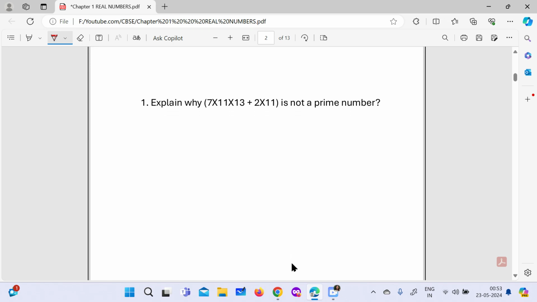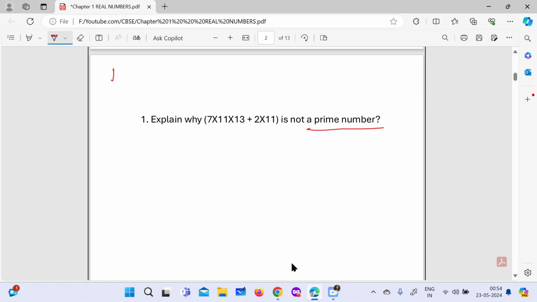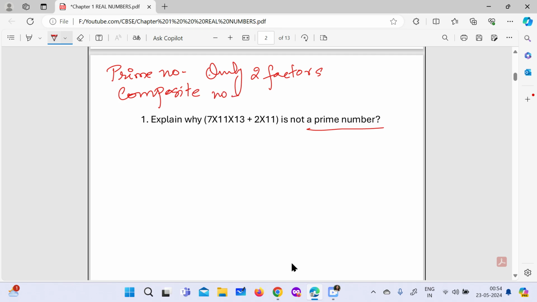I hope you are well aware of the difference between a prime number and a composite number. A prime number has only two factors. This is very important to remember. A composite number, which is not a prime, has more than two factors.